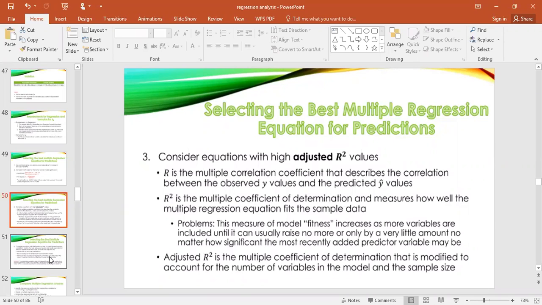Problem. This measure of model fitness increases as more variables are included until it can usually rise no more, or only by a very little amount, no matter how significant the most recently added predictor variable is. Adjusted R-squared is the multiple coefficient of determination that is modified to account for the number of variables in the model and the sample.